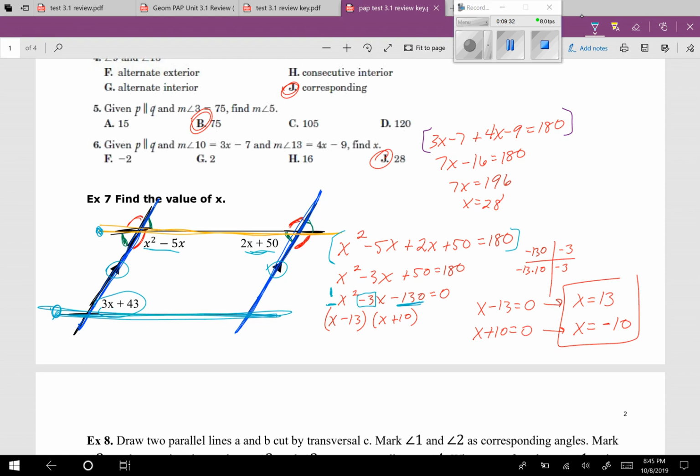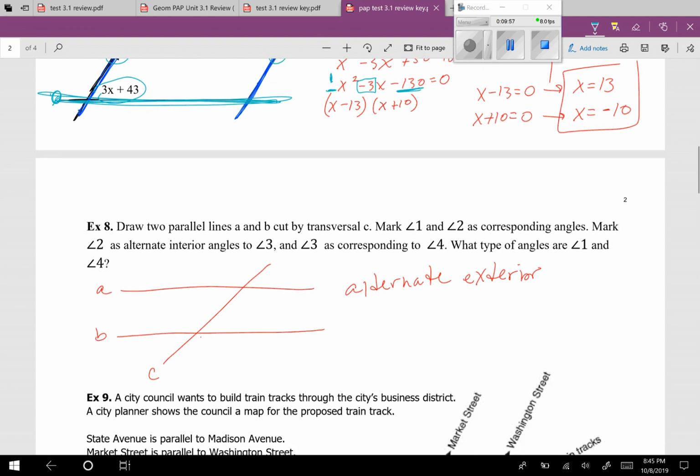And if I do negative 13 plus 10, then I get negative 3. So that works. So my factors are negative 13 and 10. So we do x minus 13, x plus 10. You set each of these equal to 0 and solve for x. So you get x is either 13 or negative 10. That's it.